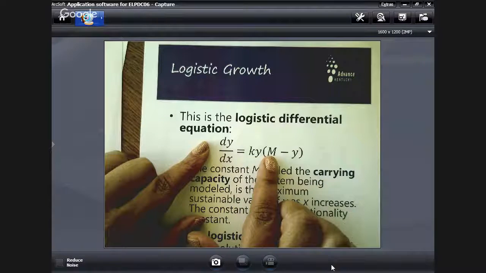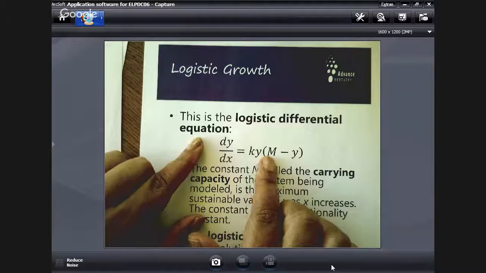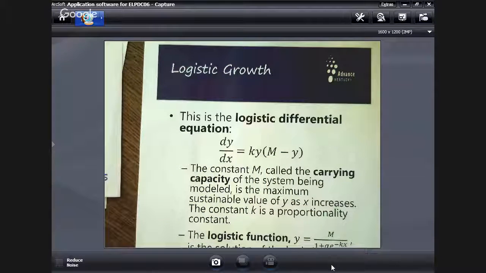Now this number, m, I use an m, you could use whatever letter you like, but that constant is called the carrying capacity. Sometimes logistic differential equations are used to describe populations.